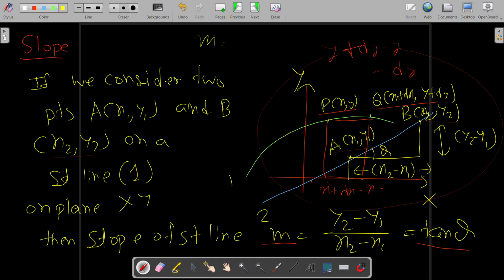From the class 11 standard we know slope m equals (y2 minus y1) by (x2 minus x1), which is obviously equal to tan theta. Here this is the angle theta, this is the distance y2 minus y1, and this distance represents x2 minus x1, and this is a Cartesian plane, the xy plane.